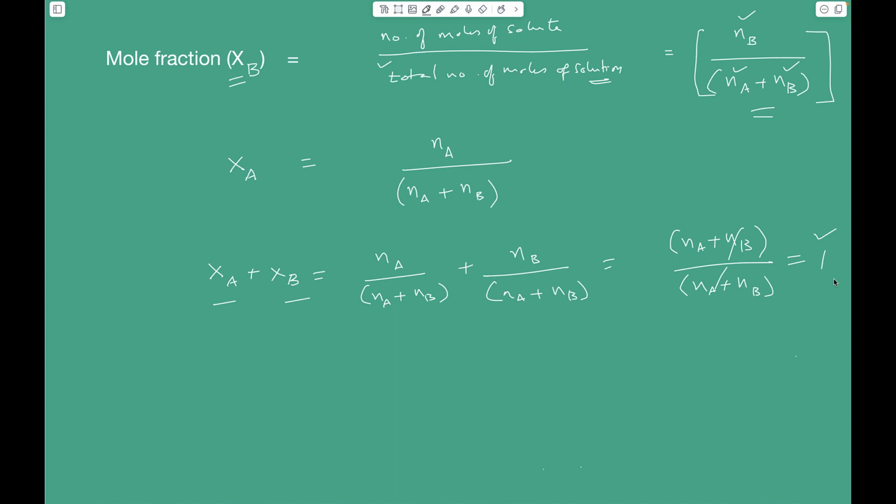And in those cases, it does not make sense to differentiate one gas as a solute, one gas as a solvent, and so on. So it is simply a mixture of gases where there is no differentiation between one component and the other component in that mixture of gases.